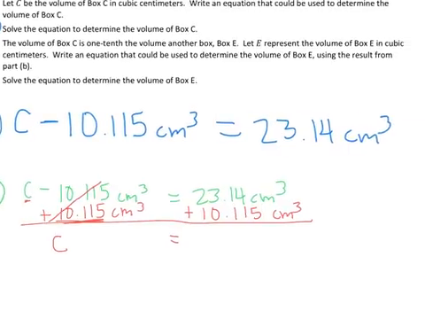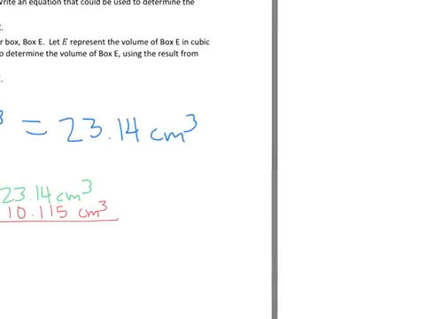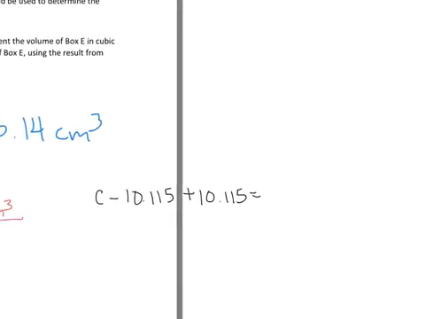And another way that I could show this, and I'm going to show it to you this way as well, just so those of you that are using a different method, I could then add the 10 and 115 thousandths, and that's going to equal 23 and 14 hundredths plus 10 and 115 thousandths.